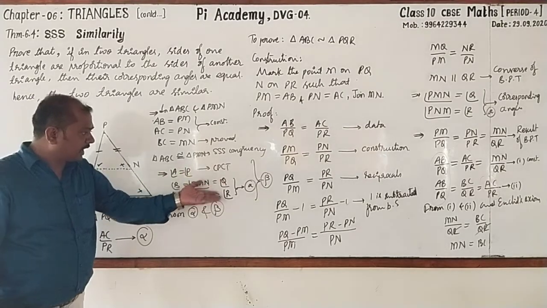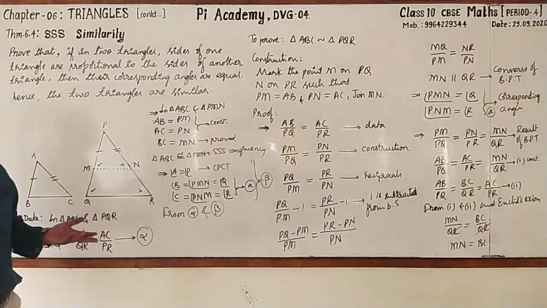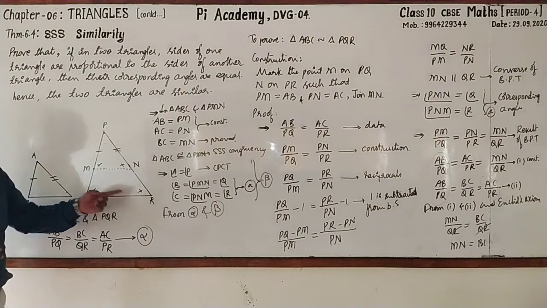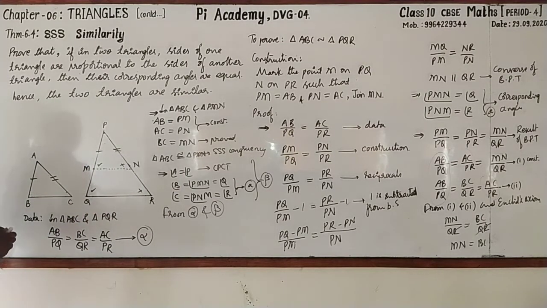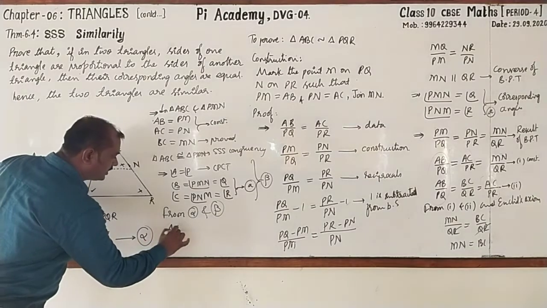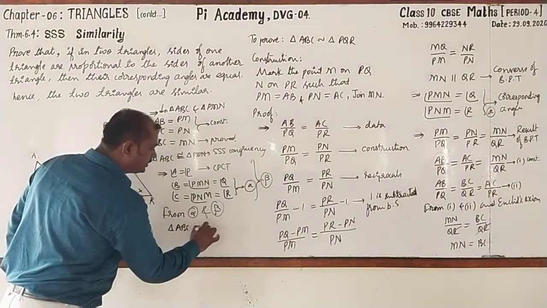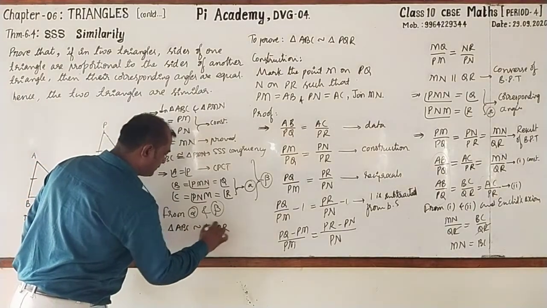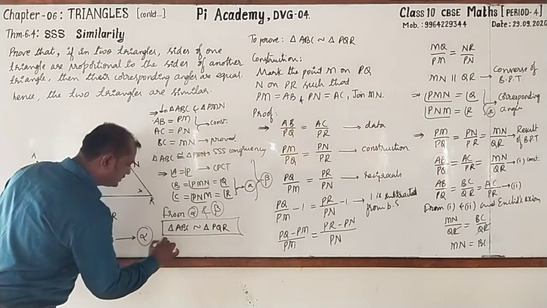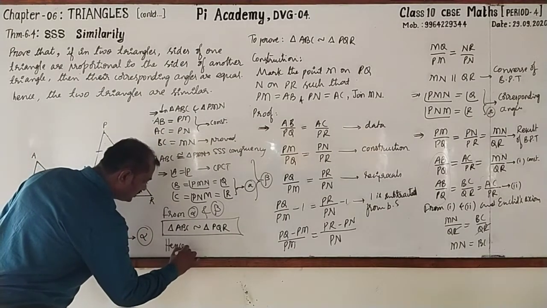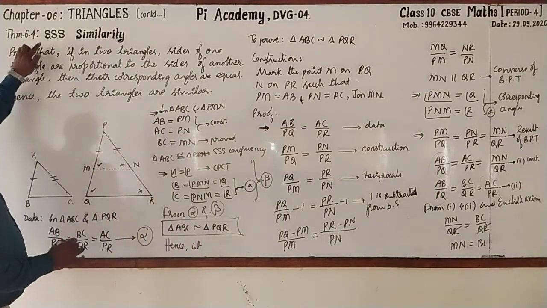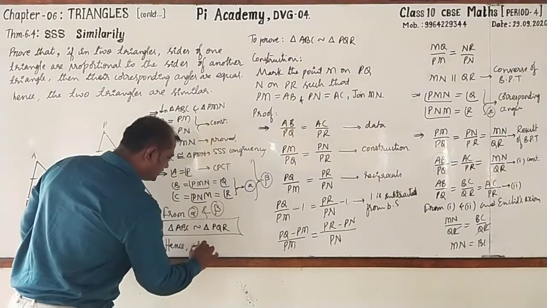Then corresponding angles are equal. If these two conditions hold good, we can say that the triangles are similar. So triangle ABC is similar to triangle PQR. So hence it is proved. Hence similarity is proved.